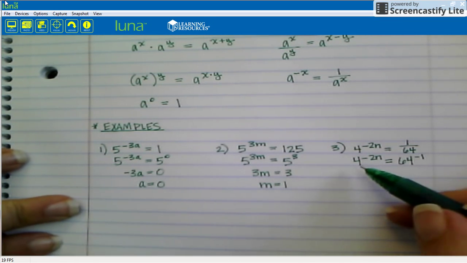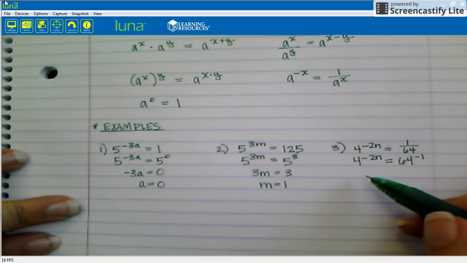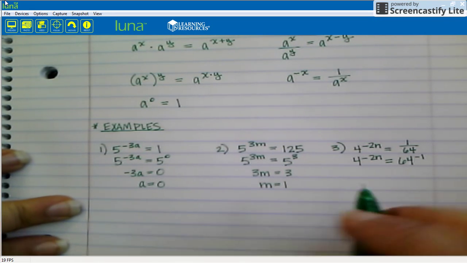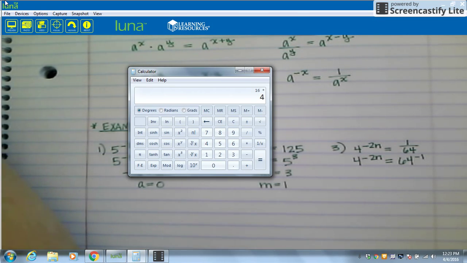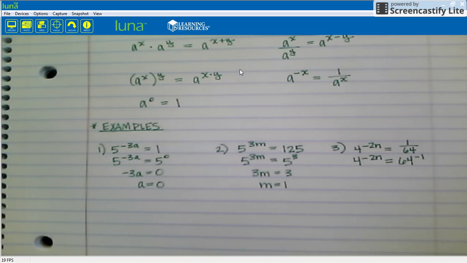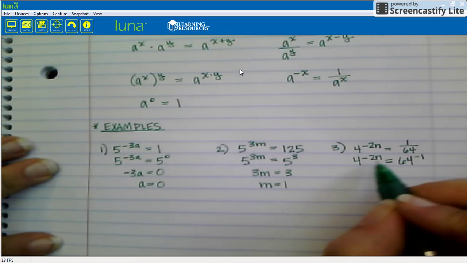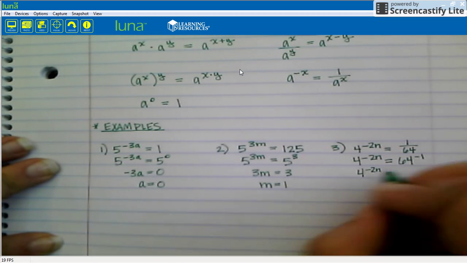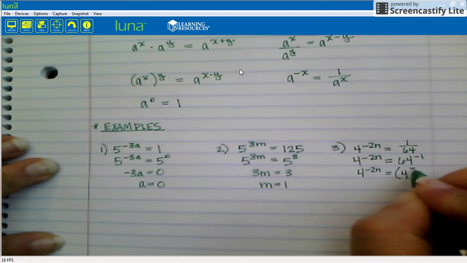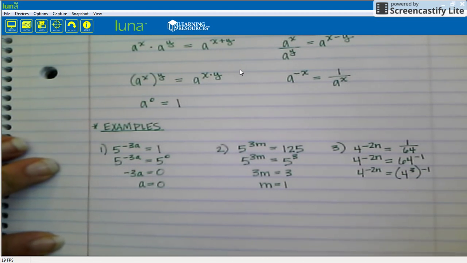Now, this 64 can be written as 4 cubed. So this 4 to the negative 2n is going to stay, and my 64 becomes 4 cubed raised to the negative first power.